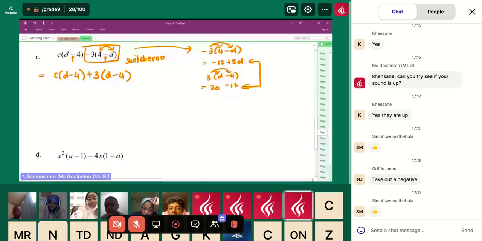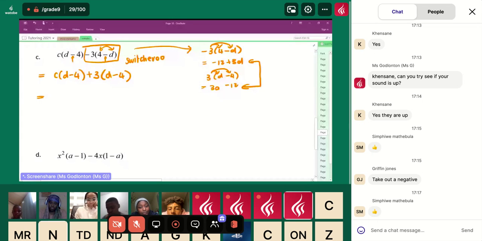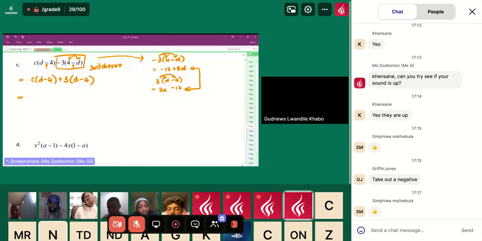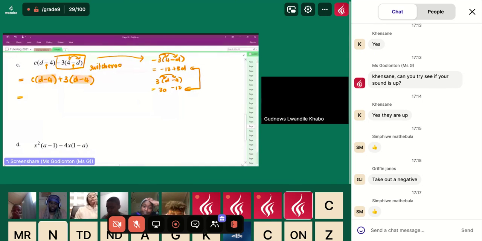Okay. So now, Naledi, you have a common bracket. So what would I do from here? Struggling a little? That's okay. So this is exactly the same as this, which means we're allowed to take it out as a common factor.